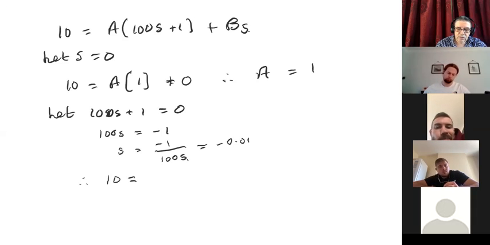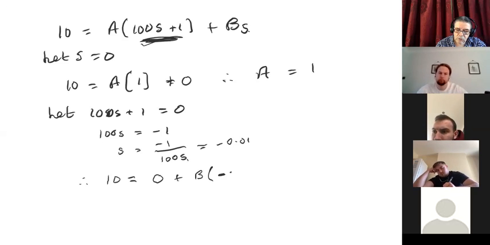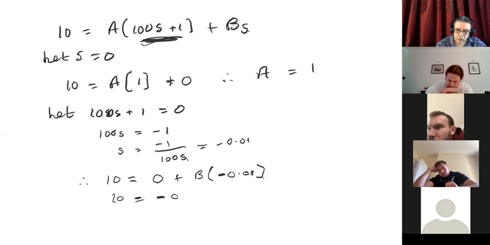So the value of s that will make this term 100s plus 1 equal to 0 is when s is minus 0.01. So we then plug that into our equated numerator. 10 is equal to 0 plus B times minus 0.01, which is 10 is equal to minus 0.01B.